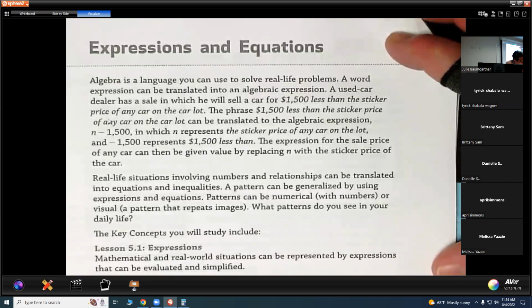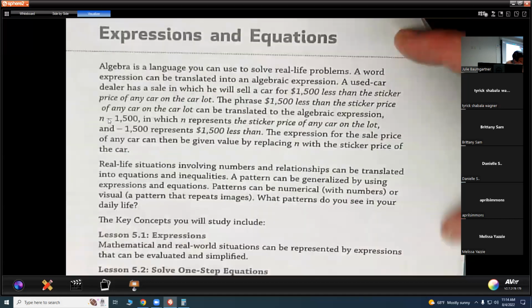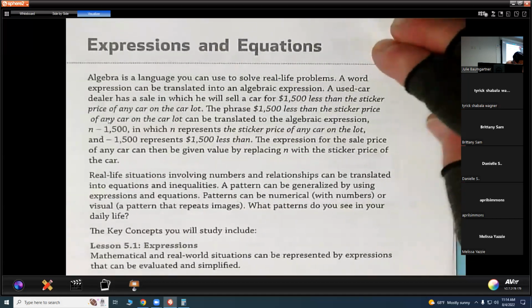The phrase $1,500 less than the sticker price of any car on the lot can be translated into the algebraic expression n minus 1,500, in which n represents the sticker price and minus 1,500 represents, and so I think we've already done most.